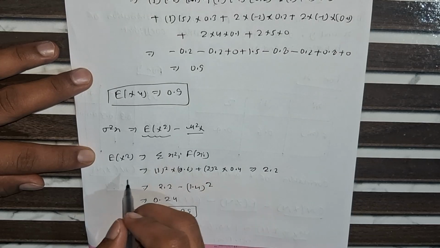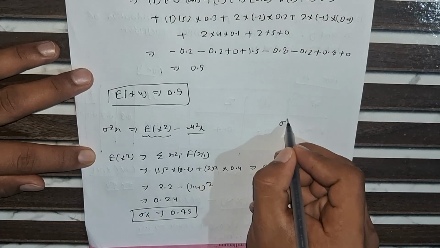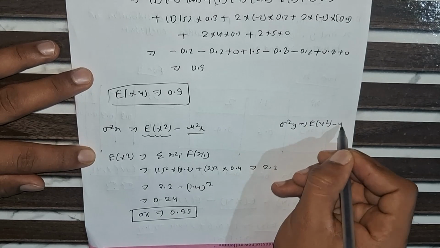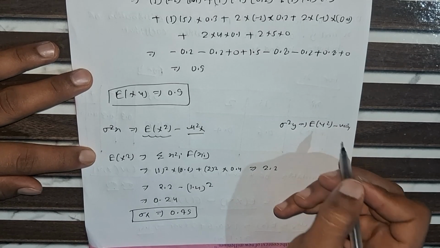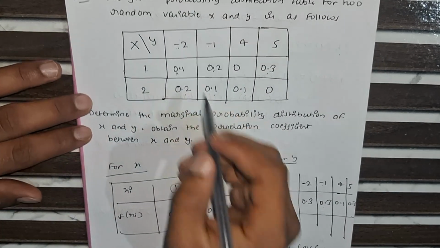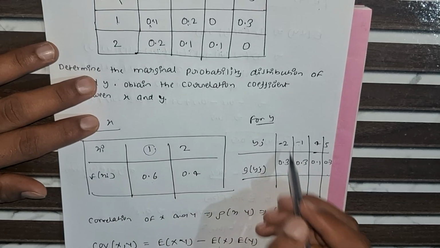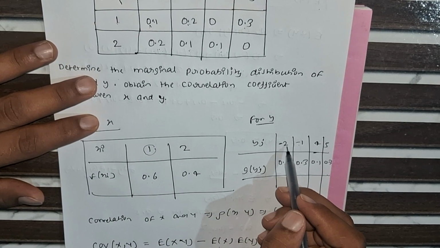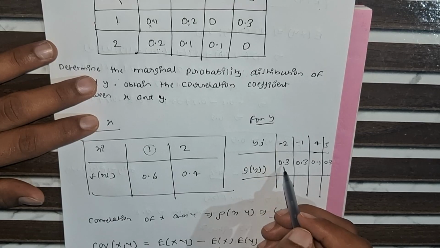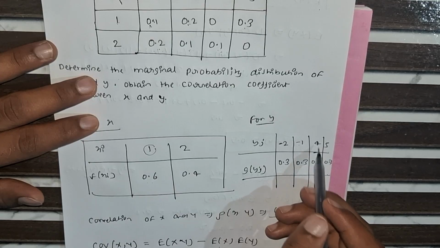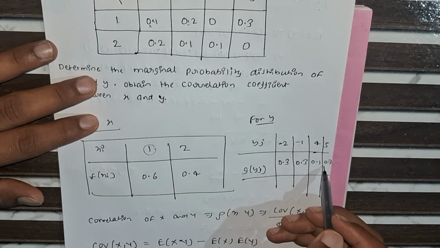Now go for sigma square y, which is equal to expectation of y square minus mu square y. In the same way, we have to find the expectation of y square. How can we find the expectation of y square? We have to square the y term and multiply by g of yj, means minus 2 the whole square into 0.3 plus minus 1 the whole square into 0.3 plus 4 the whole square into 0.4 plus 5 square into 0.3.